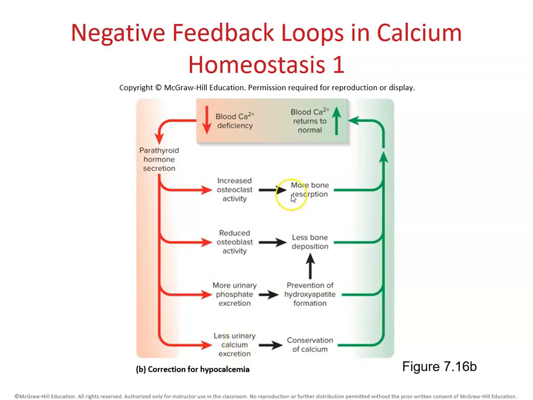So we're going to have increased bone resorption, decreased bone deposition from 2 different routes here, and we're going to have calcium conserved because we're going to be excreting less of it. These actions together are going to lead to the blood calcium increasing back to its normal levels.